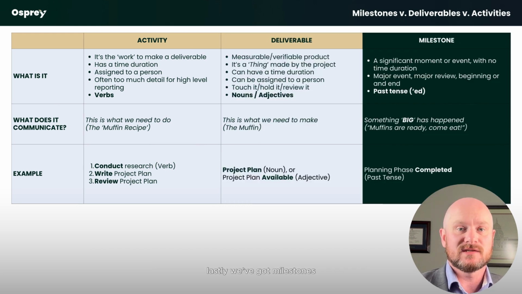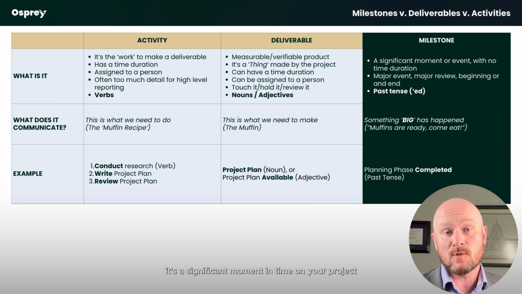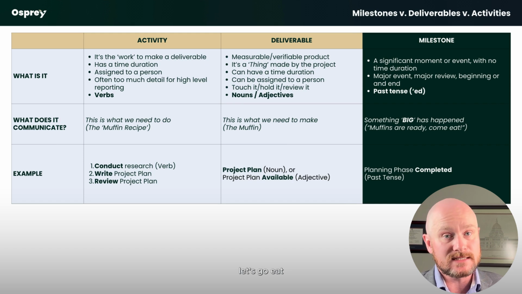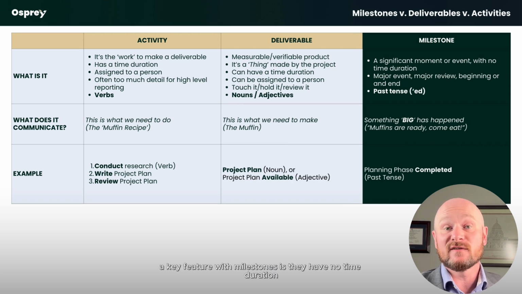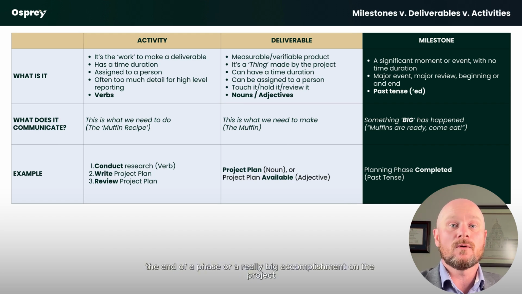Lastly, we've got milestones. So milestones are a little bit like a news release. It's a significant moment in time on your project. It's where you can signal to folks that the muffins are ready, let's go eat. A key feature with milestones is they have no time duration. They just happen at the end of the production of a deliverable, the end of a phase, or a really big accomplishment on the project.